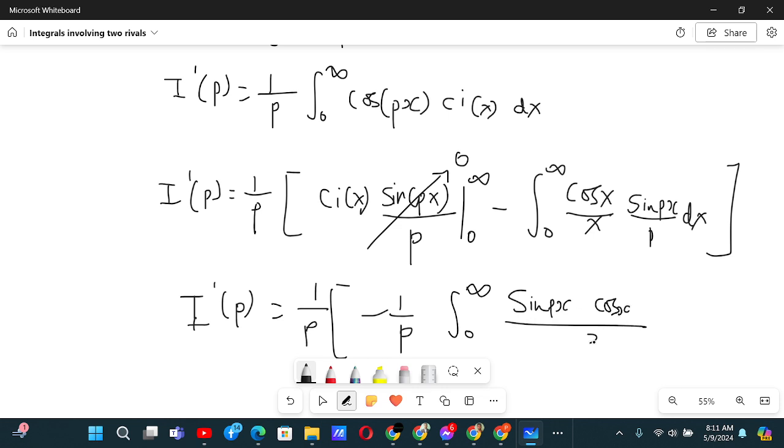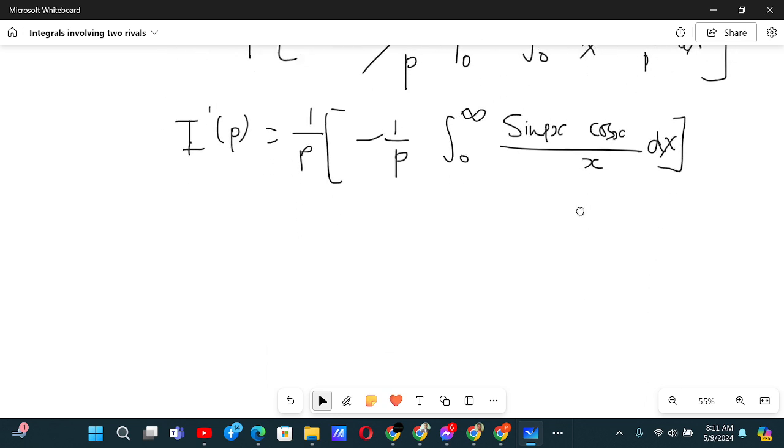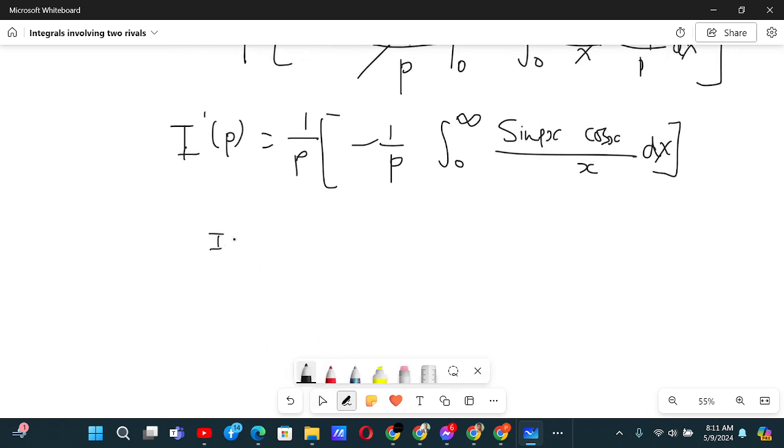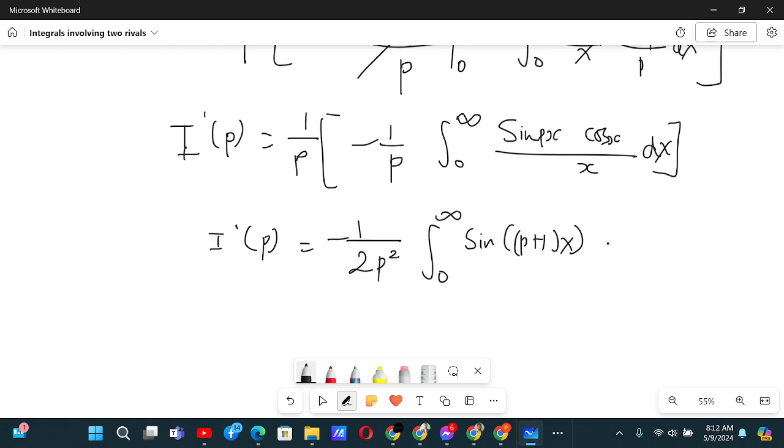Now you can use trigonometry to convert the product to a sum, and we get I dash of p equals minus 1 by 2p squared times the integral of sin of (p plus 1)x plus sin of (p minus 1)x, by x dx. This is because 2 sin px cos x can be converted using the product to sum formula.